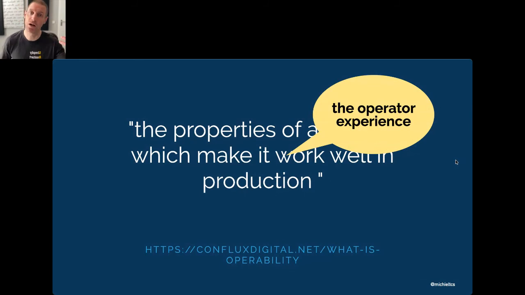So if you are woken up at night because your system is throwing errors, how quickly can you figure out what's going on? How easy is it to understand the health of your system at that point? How easy is it to change things in a running system? How easy is it to get data, to get dashboards? All those properties influence the operability of a system.